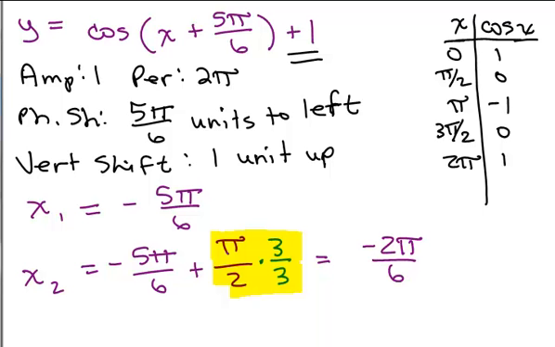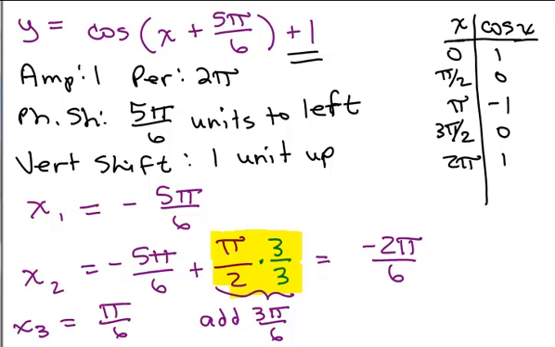To get my next one, I'm going to just keep adding this number. You just add 3 pi over 6 to get the next one. So my x3, could you do that in your head? What's the next coordinate going to be? If I add 3 pi over 6, I should get pi over 6, etc. So this is how you can get your 5 key ordered pairs.